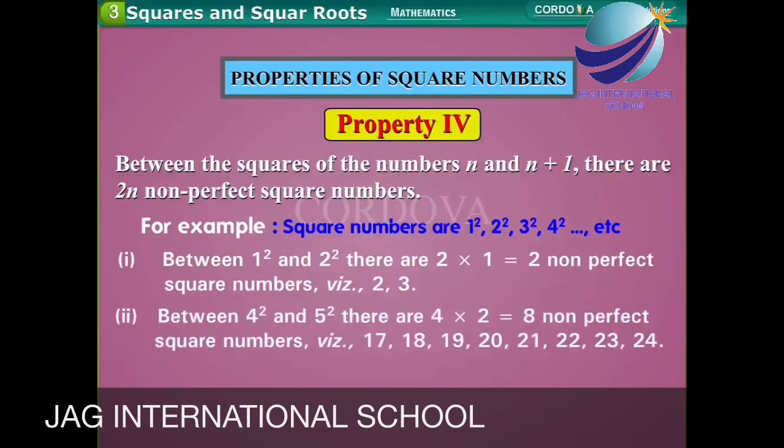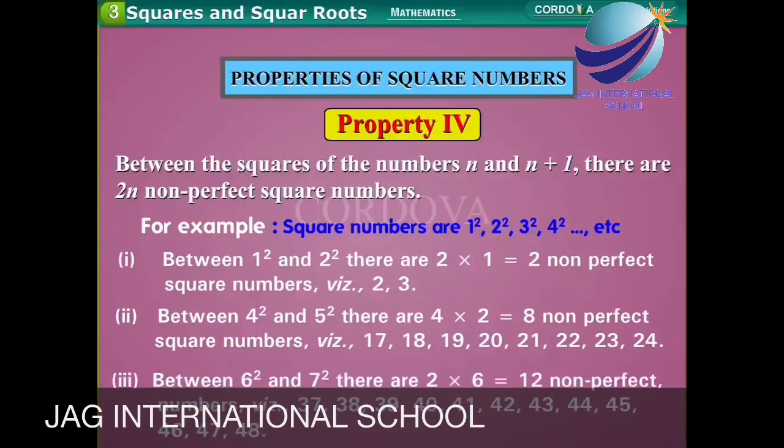Between 4 squared and 5 squared, there are 4 into 2, which is equal to 8 non-perfect square numbers, namely 17, 18, 19, 20, 21, 22, 23, 24. Between 6 squared and 7 squared, there are 2 into 6, which is equal to 12 non-perfect square numbers, namely 37, 38, 39, 40, 41, 42, 43, 44, 45, 46, 47, 48.